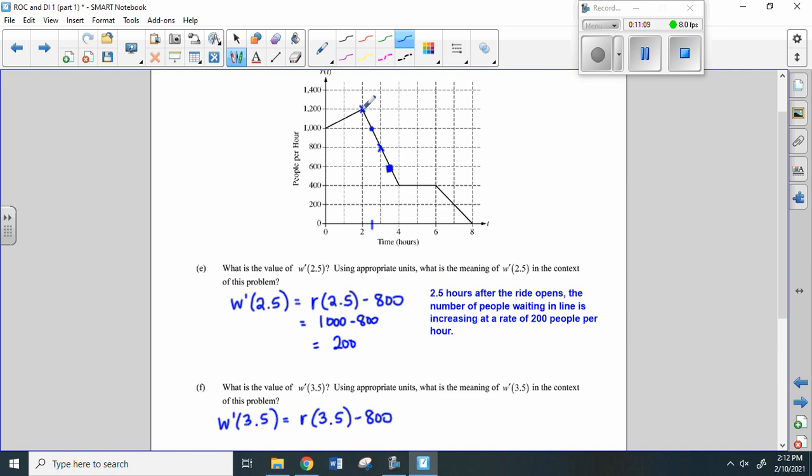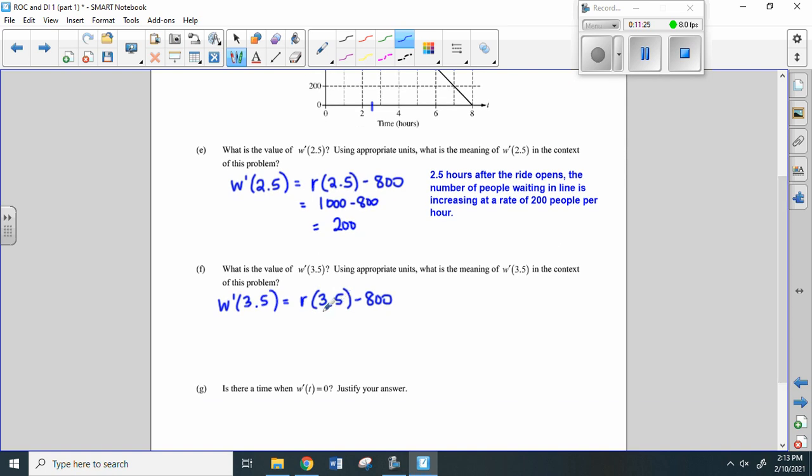Since it's on the part of the line that has the same slope, we know that it is decreasing 200 people for every half an hour. So then I know that I fall exactly on the 600. And so when I answer that, I actually get negative 200.